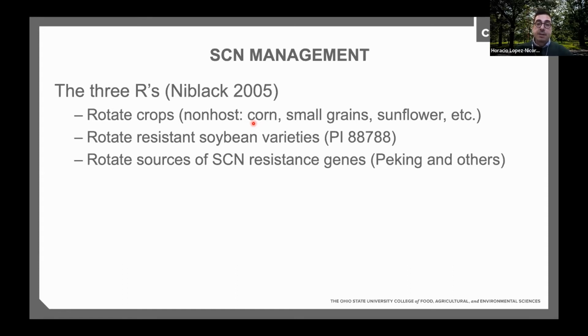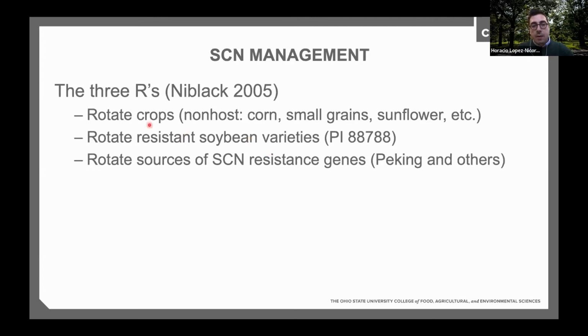You have high numbers of SCN, rotate to a non-host crop. However, we know that if prices continue to be so good for soybean, and if really that's what we want to do, then we should consider the other 2 rotate. So rotate resistant soybean varieties.